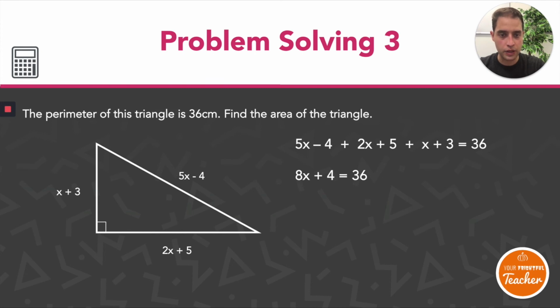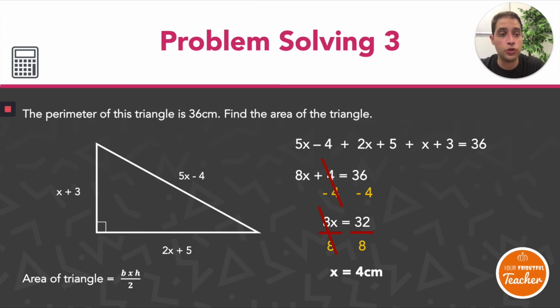So 8x plus 4 equals 36. I'm trying to figure out that value of x so I can use it to work out the area. So I do the minus 4, 8x equals 32, divided by 8. x equals 4 centimeters. I'm keeping in that unit, making that very clear.